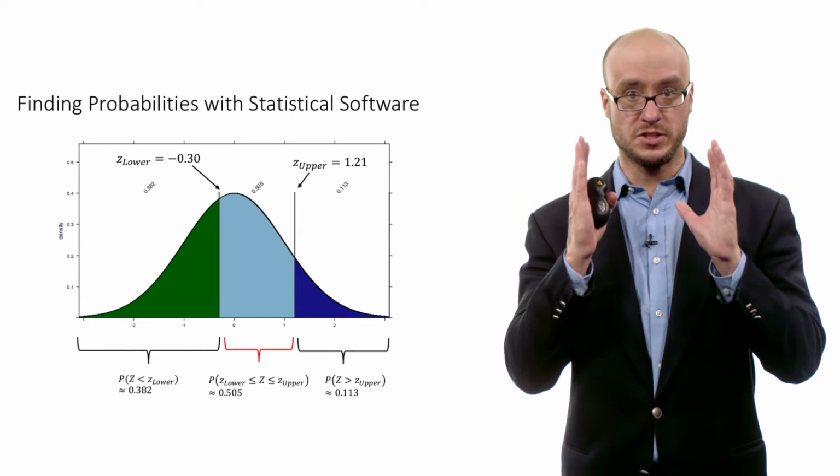Based on these two cutoff values, we can chunk the standard normal distribution into three segments, and we can find the probability very easily. The probability of a z-score between negative 0.3 and 1.21 is just given by that middle area, the area in the middle part of the curve.